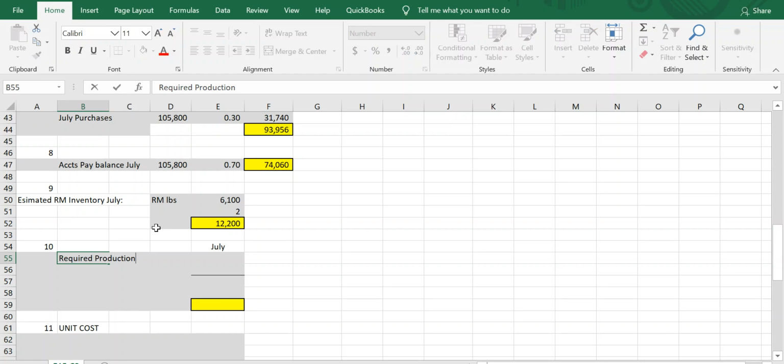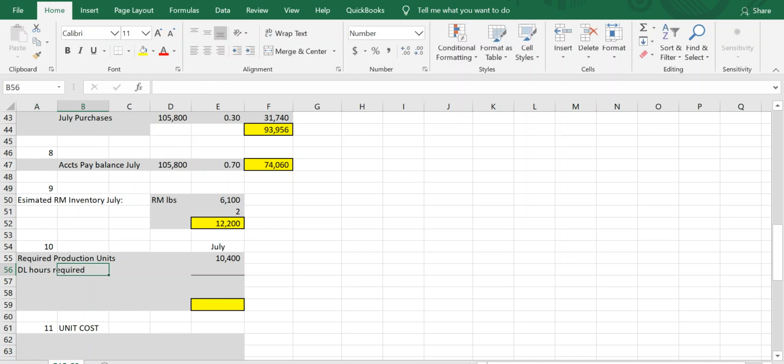Required production units. And that's going to be 10,400.